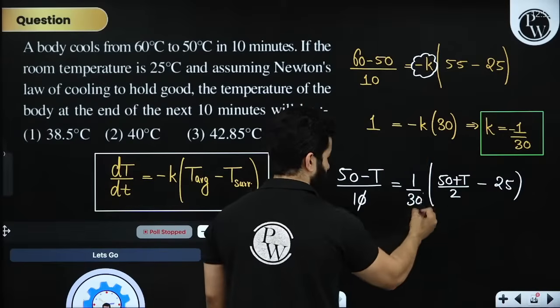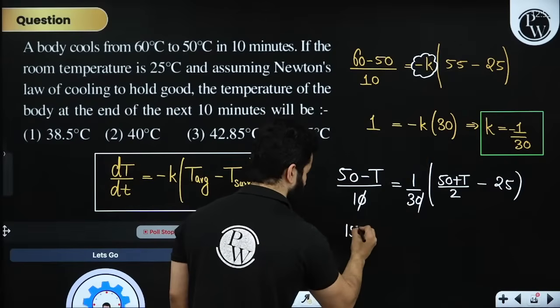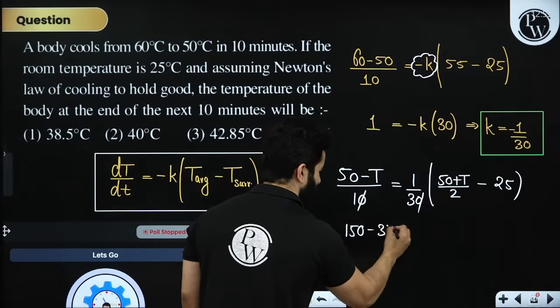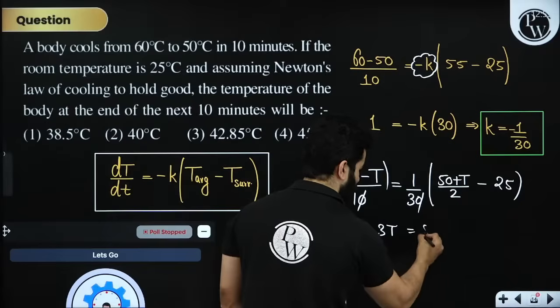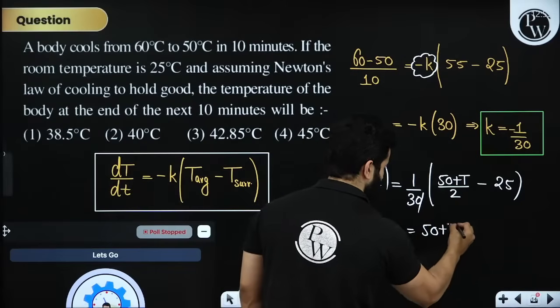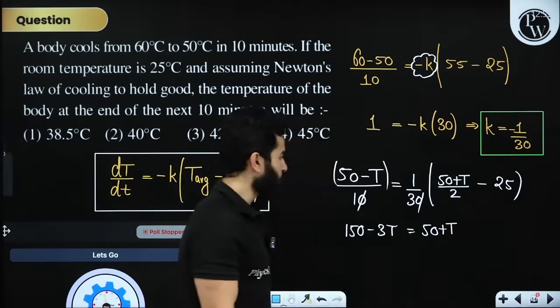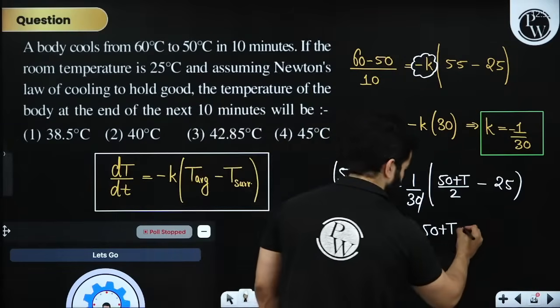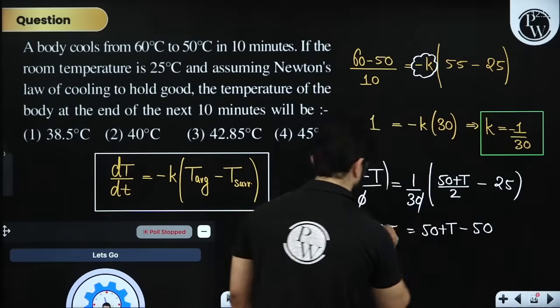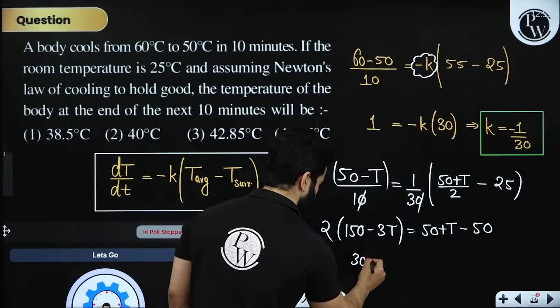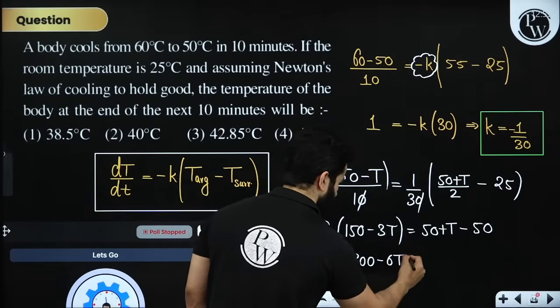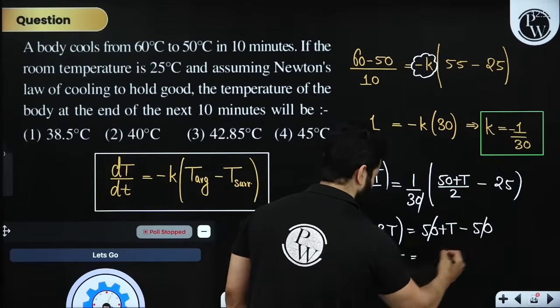If you pay attention, this will get cancelled out. This will become 150 minus 3T. I have multiplied by 3 over here, and this will become 50 plus T. We can write this as minus 50 and again multiply by 2 over here. So this will become 300 minus 60 equals, this will get cancelled out, and this is T.